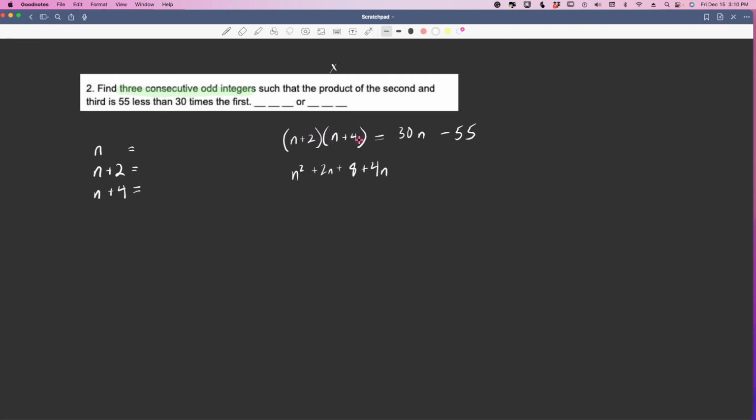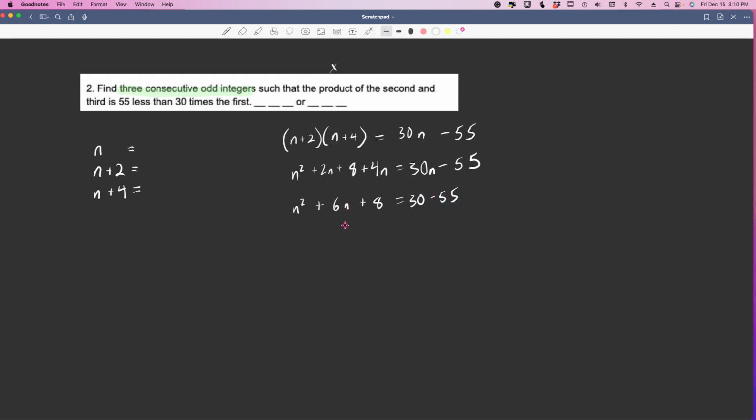I kind of did that out of order, but I could see it in my head what I was doing. And that's 30n minus 55. I forgot my n. Okay, so let's combine these like terms. N squared plus 6n plus 8 is equal to 30n minus 55.